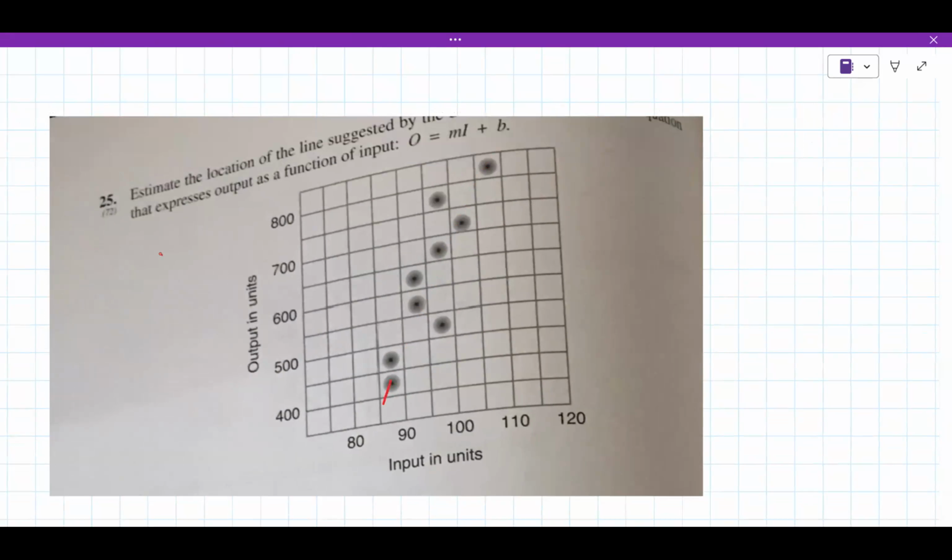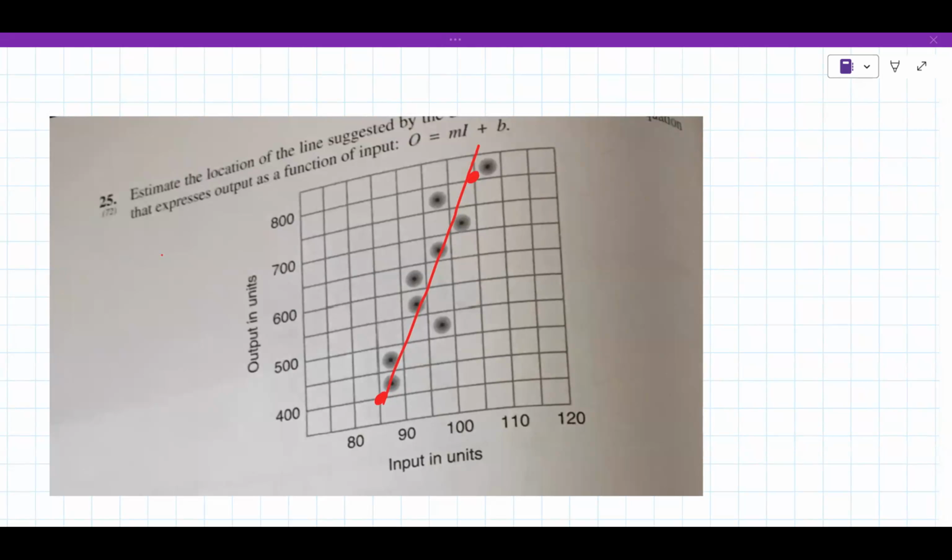I don't know if you draw on your book or not, but you really want to pick something nice, like maybe that point and maybe that point. You really want nice points. You don't want to be estimating too hard there. Okay, so estimate those points and then determine the slope for them, please.